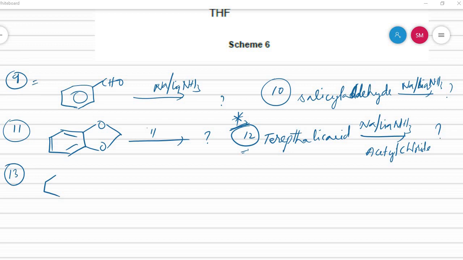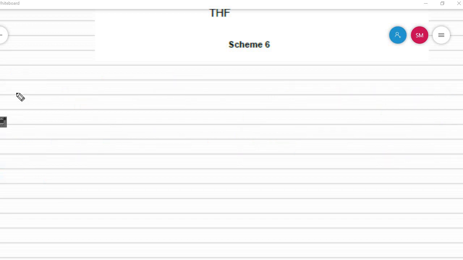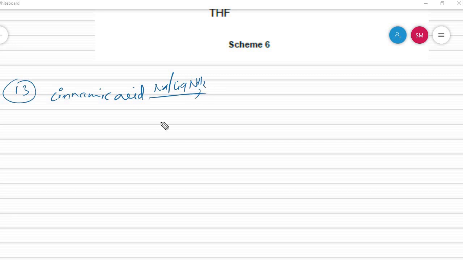Next, cinnamic acid. Cinnamic acid treated with sodium bicarbonate in the presence of methyl iodide. What would be the product?